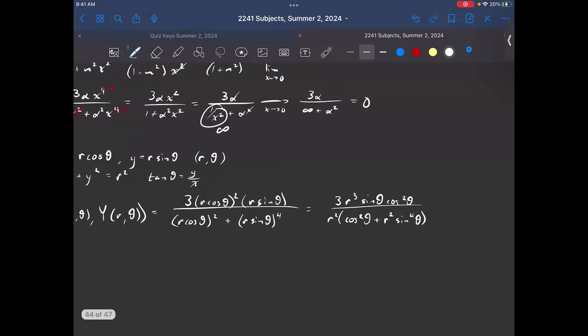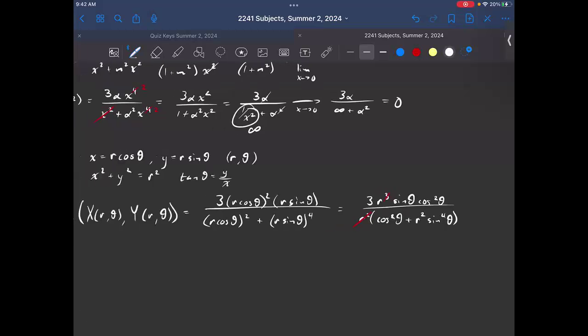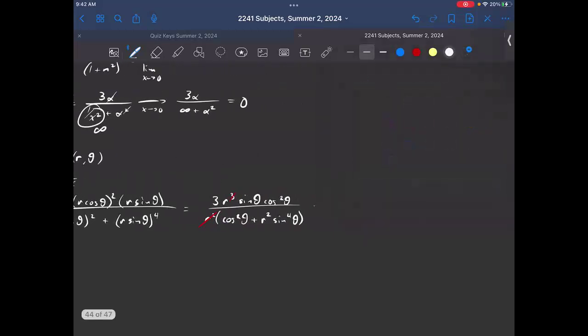All right, and now I want to look at the limit as r goes to 0. Do some cancellation here. Let's rewrite this. Let's look at our r parts here: 3r sine theta cosine squared theta plus r squared sine to the fourth theta. I know this looks complicated, bear with me.